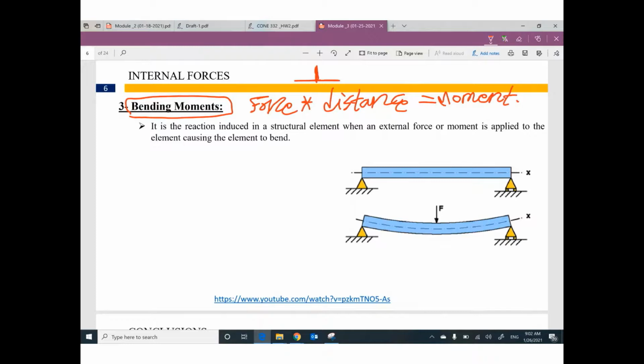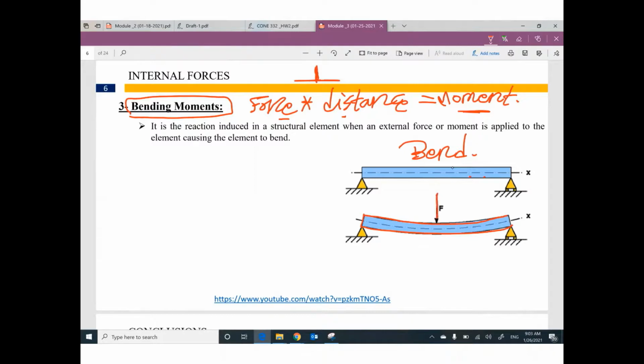So for any building, any structure, any member, if you have a force and a distance, both of them perpendicular, then you have a moment. The moment will cause this member to bend. You have deformation like this.